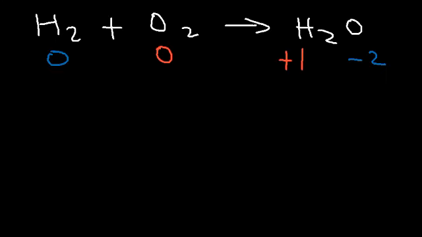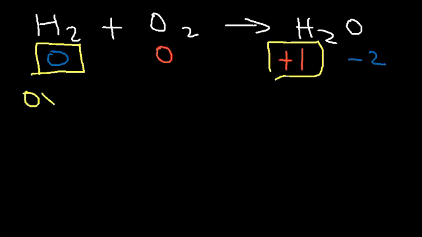Oxygen usually forms a -2 charge, and for hydrogen, when it's bonded to a nonmetal, it usually has a +1 charge. Now hydrogen, when bonded directly to a metal, typically has a -1 oxidation state, but when bonded to a nonmetal, it's +1. So now if we focus on the hydrogen atoms, we can see that hydrogen went up from 0 to 1, so therefore hydrogen was oxidized.